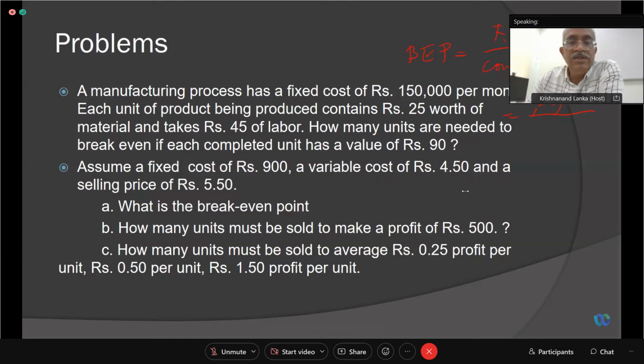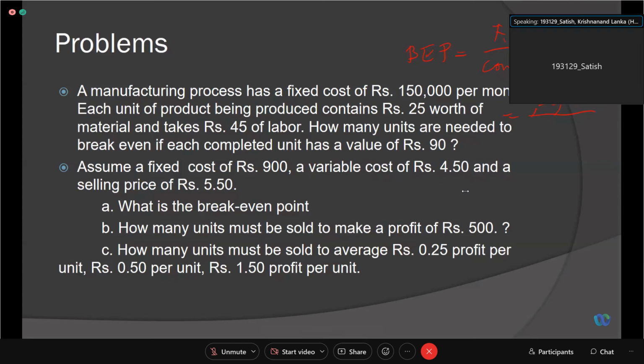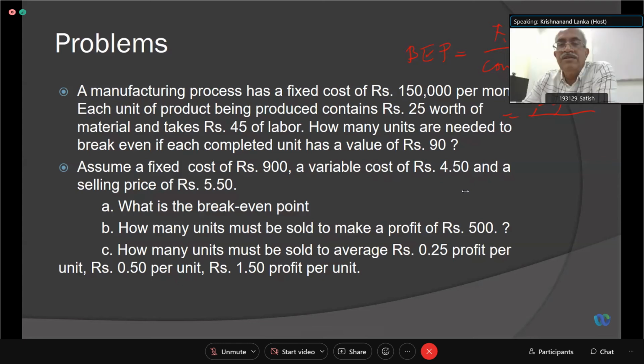What is the contribution here? 90 minus 45 plus 25. So the variable cost per unit is 25 rupees of material cost plus 45 rupees of labor cost, so 70 is the variable cost per unit, and 90 rupees is the selling price.